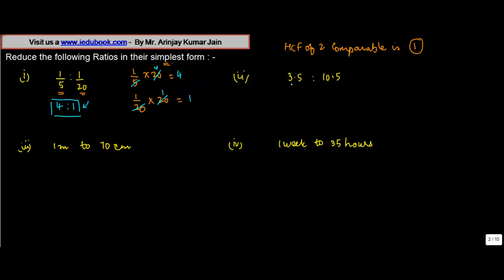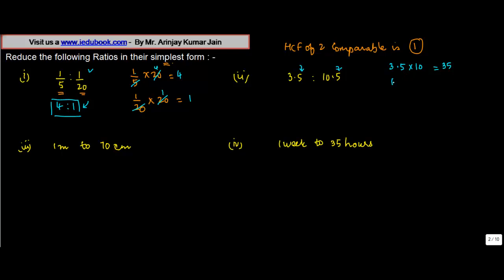Let's see the second one. In second one, what do we have? We have 3.5 is to 10.5. Now, can we try and convert these numbers into whole numbers again, just like we did over here? In order to remove decimals, we know that there is only one place decimal here and one place decimal here. So can we multiply both of them by 10? So we multiply 3.5 into 10 to get 35.